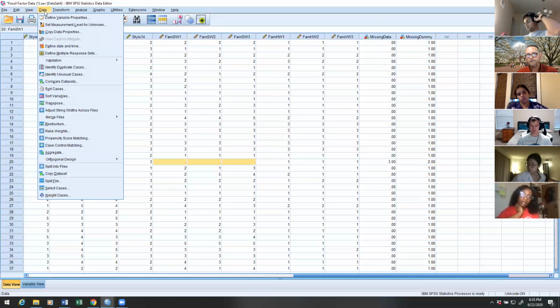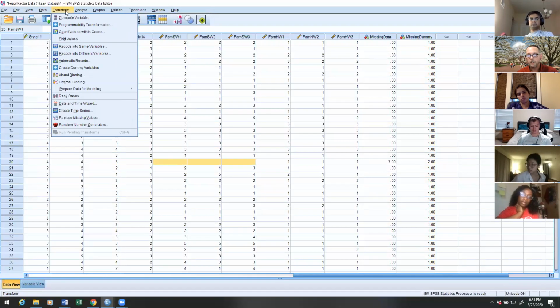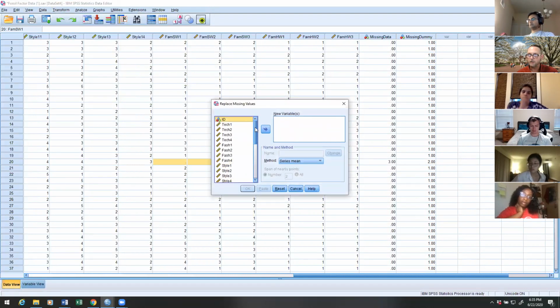Again, we go under transform, replace missing values, and for a specific variable, where we know 20% of the respondents missed this, we could put something in there that we think would be reasonable.